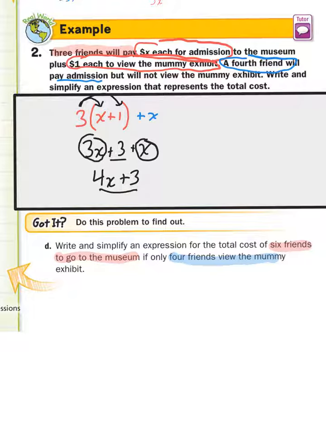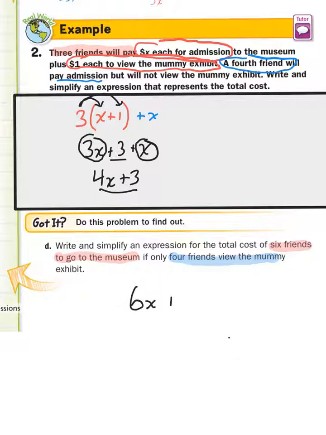All right, let's see how you did. Now first off, our initial expression could be different, but as long as we simplify it and get the same thing, that's what matters here. So if I have 6 friends going to the museum, I would say that's 6 friends times X dollars. Right? And only 4 friends are going to view the mummy exhibit.